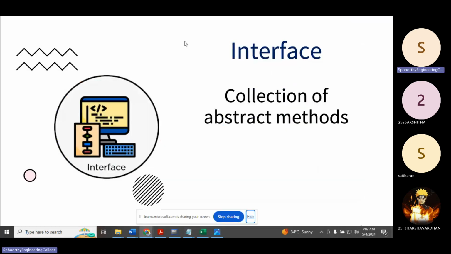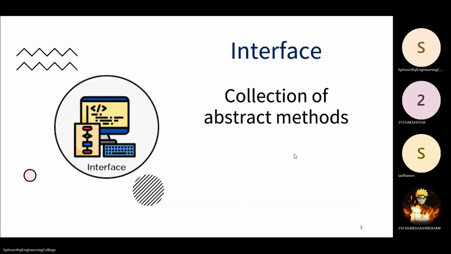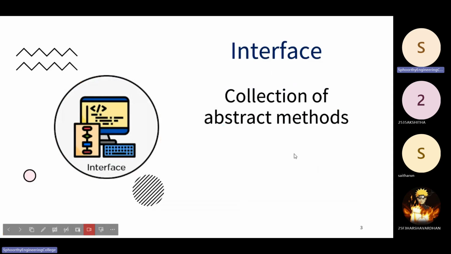Any guesses? Interface is a collection of abstract methods, means there is no code. When there is no code in any of the methods, what is the use of the method? What is the use of interface? I can say interface is a collection of useless methods. Can I say like that?